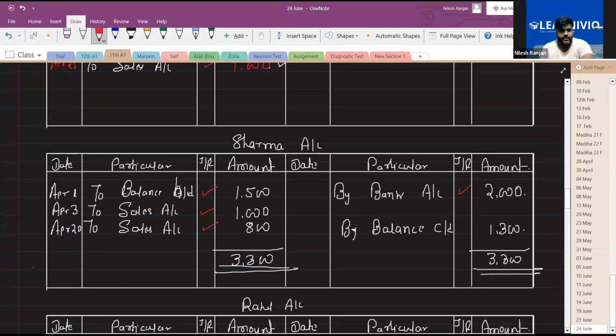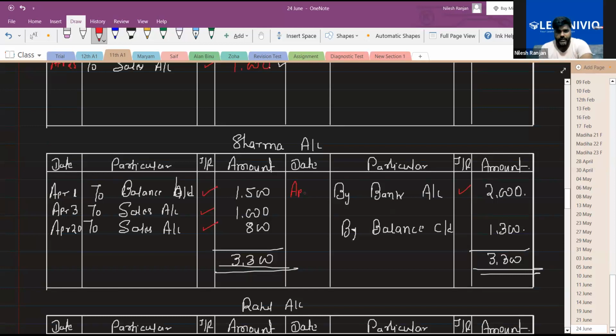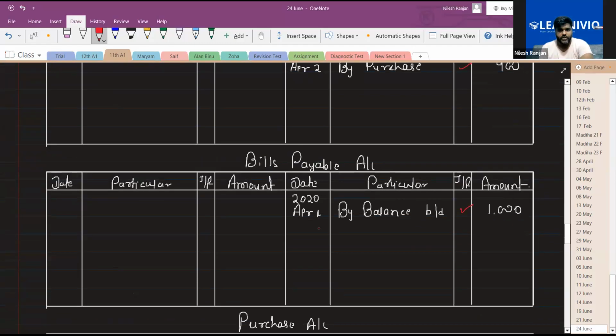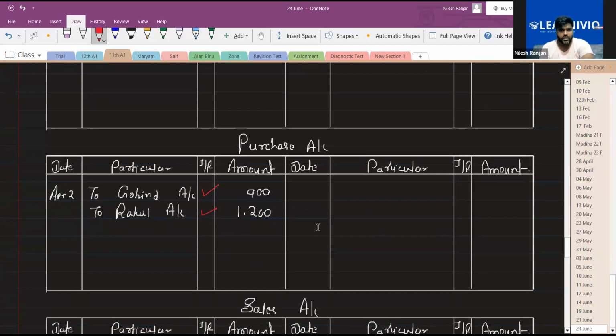This is complete. Sharma, sold goods to Sharma and received from Sharma April 18th and by balance c/d, so it is April 30th. Then Rahul complete, Govind complete, bills payable complete.